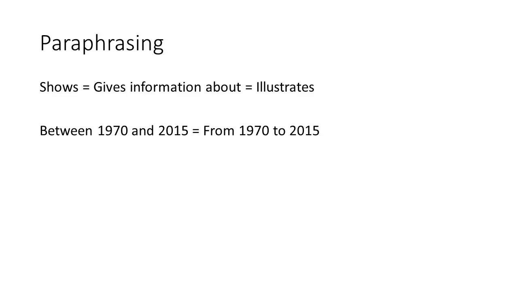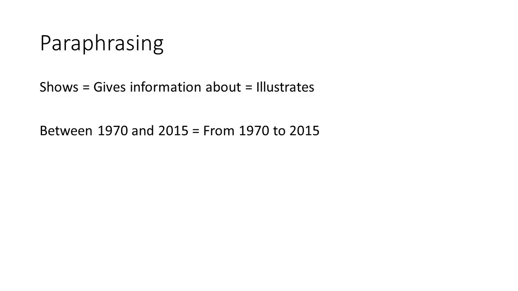I say illustrates or gives information about. If they say illustrates, I say shows or gives information about. If they say gives information about, I use shows or illustrates. Basically, I've just got the 3 and I play with them so I'm not using what they use. By the way, when they say below, you don't need to say below. You can drop that word.